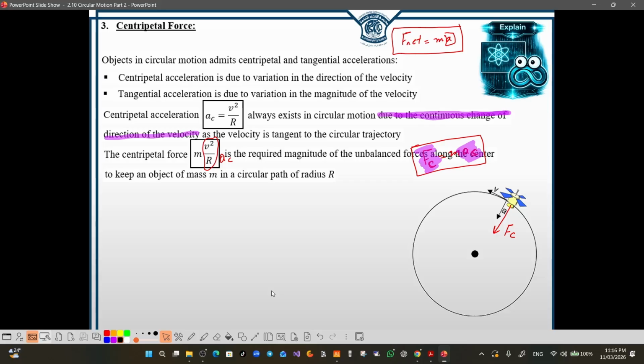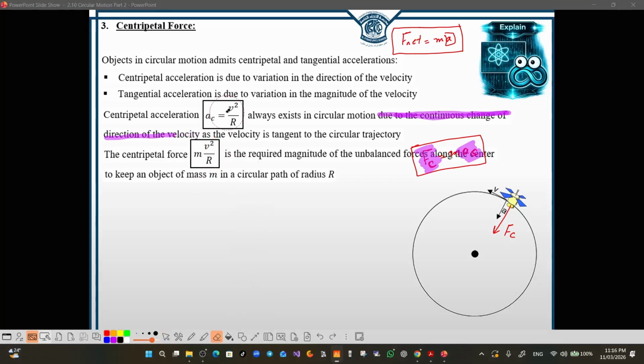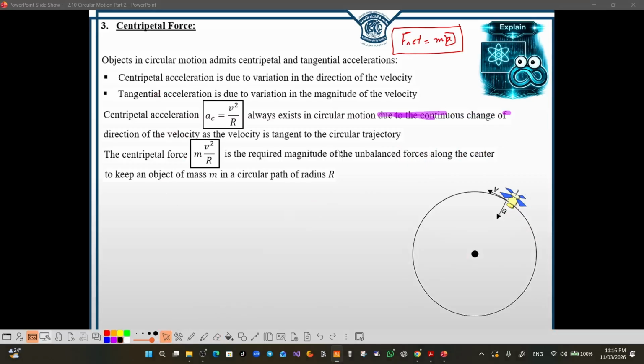Now, this magnitude, m v squared over r, is the necessary magnitude of the unbalanced forces along the center to keep the object in a circular path of radius r. So one can ask why the object keeps rotating around the circle. Is there any kind of force that keeps the object in this path?